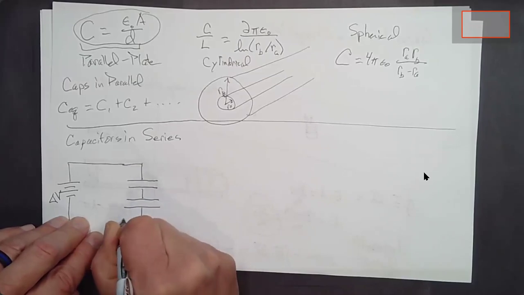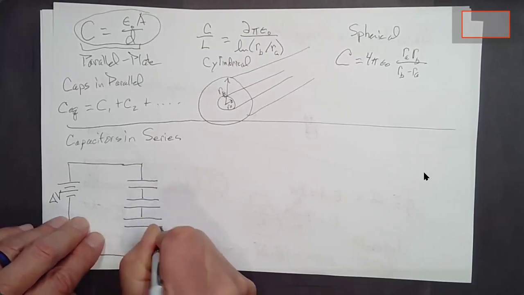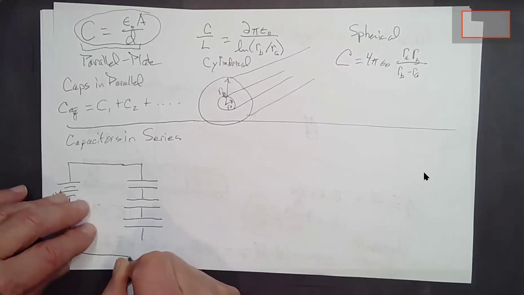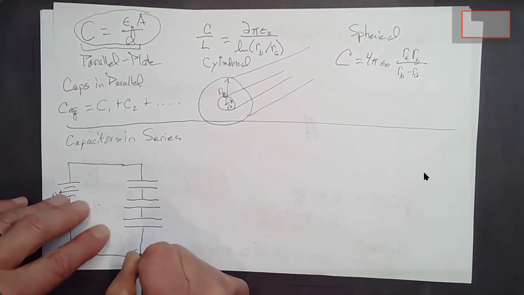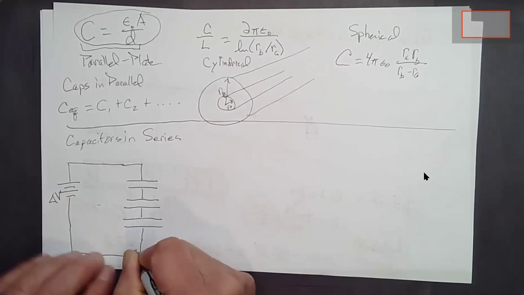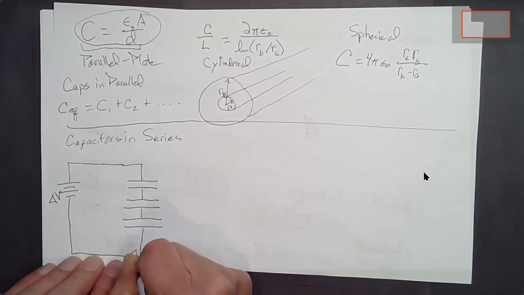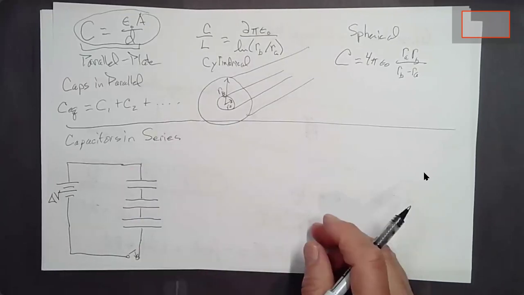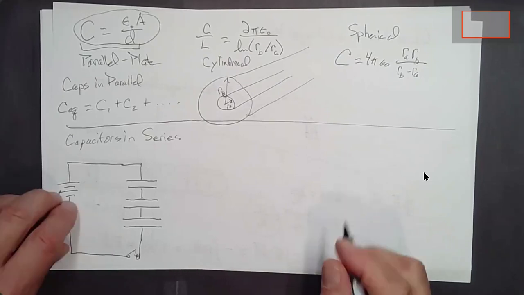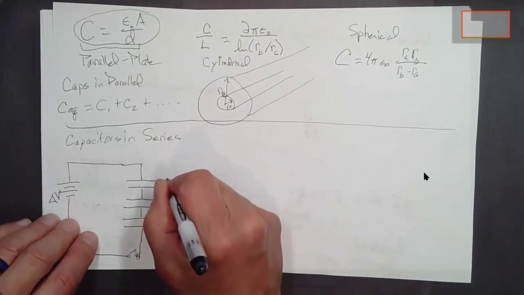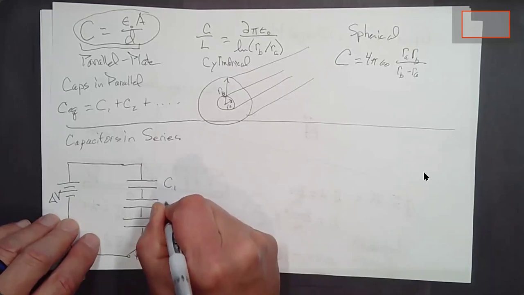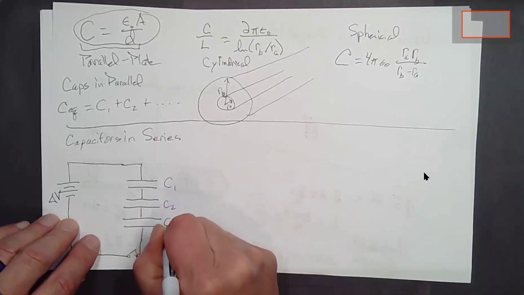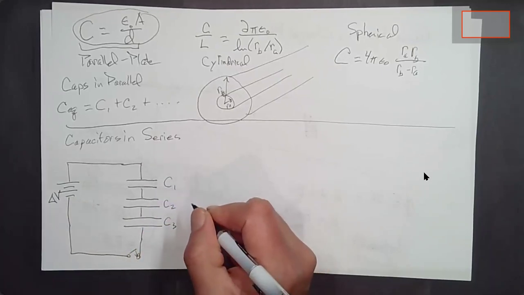And I didn't draw it in the circuit, but I'll put a little switch down here, and just imagine that at time 0, I happen to flip the switch down here and let charge flow around in the circuit as much as it wants to, but I'll have a C1 here, a C2 here, and a C3 here.